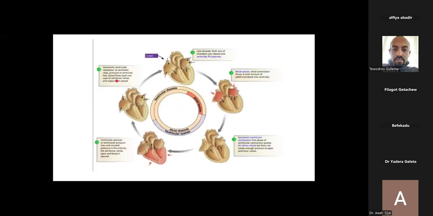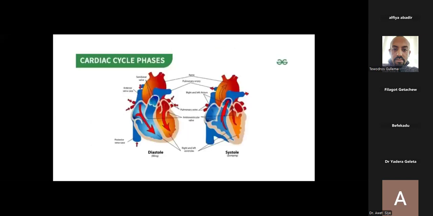Now this is a graphic representation of the cardiac cycle, and when you assess the cardiac cycle, first you have to see any change in pressure in each chamber. This is the atria and the ventricle.